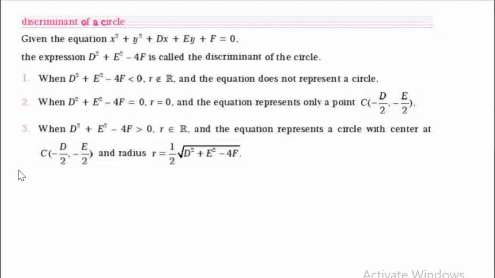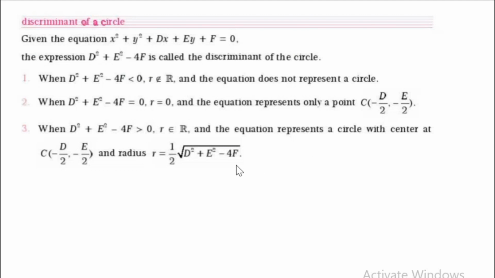And number 3, when the discriminant is greater than 0, the value of r is a real number, therefore the equation represents a circle with center C at negative d over 2, comma, negative e over 2, and radius r equal to 1/2 times the square root of d squared plus e squared minus 4f.